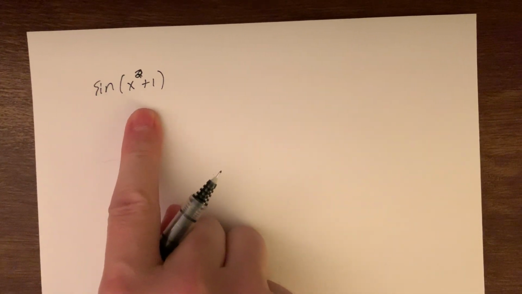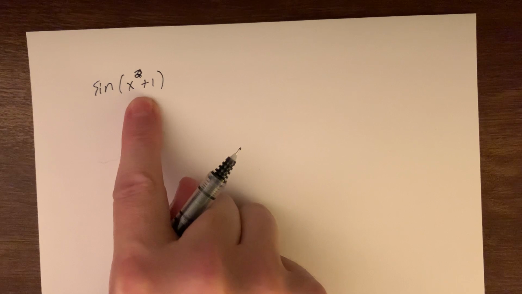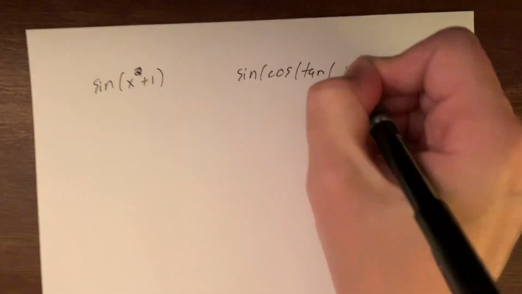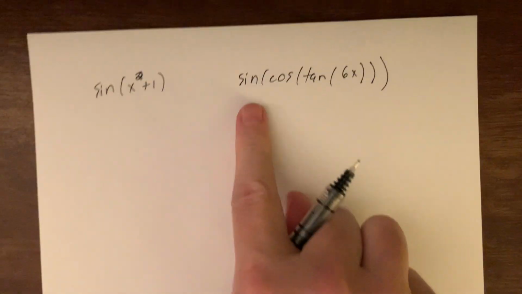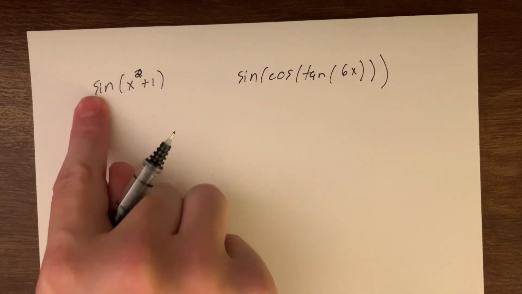A couple little things just before we end this. As I suggested, we still have one more rule to go because all the trig functions we've seen are basic trig functions. They're always trig function of x. But what if it's sine of x squared plus 1? That's not multiplication. And whether that's a nice algebraic function or not, sine of cosine of tan of 6x, that's not multiplication, and neither is this. This is inner and outer.